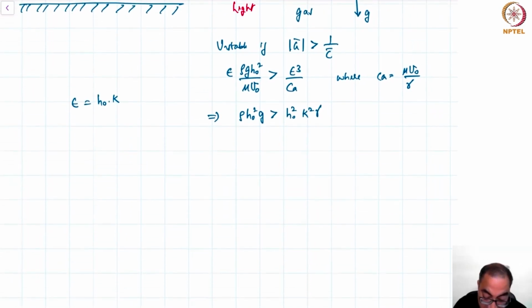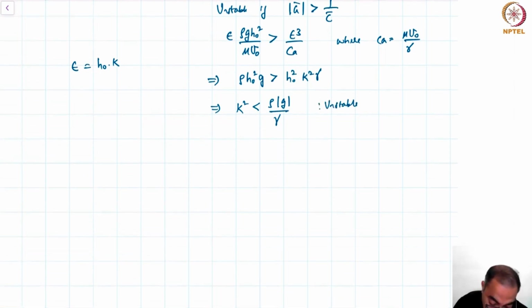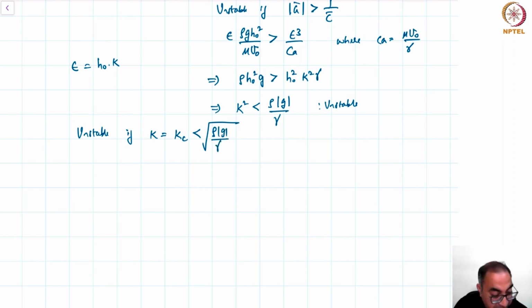That's the expression for epsilon that has been used. What we now have is, if k square is less than a quantity which is rho g by gamma, then you have unstable. Or we can say unstable if k is less than a quantity kc, which is rho g by gamma.